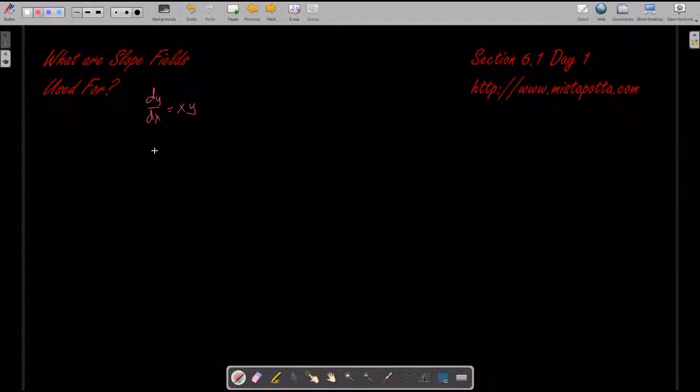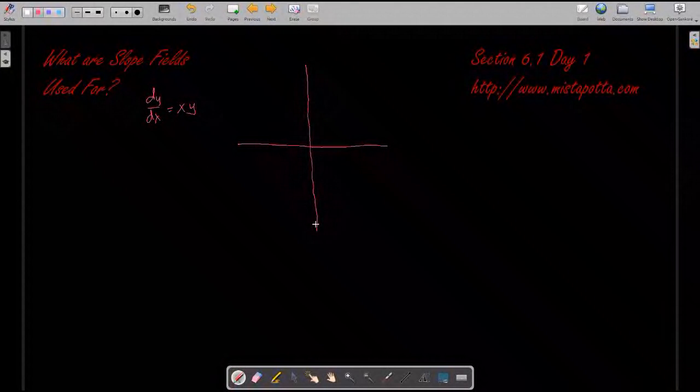But it's relatively easy for me to draw line segments whose slope is the product of the x and y coordinates at a particular point.